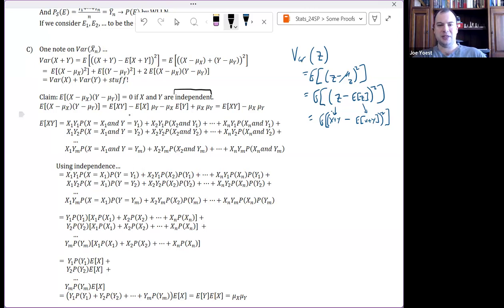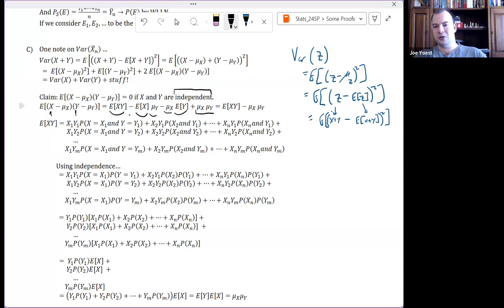So that's going to be an important tool to look for a place to use. If I multiply out this binomial, I end up with the expected value of x times y for my firsts. My outsides give me the expected value of x times mu y. My inside gives me minus mu x, expected value of y. And then my lasts give me plus mu x mu y. But the expected value of x is just mu x, and the expected value of y is just mu y.